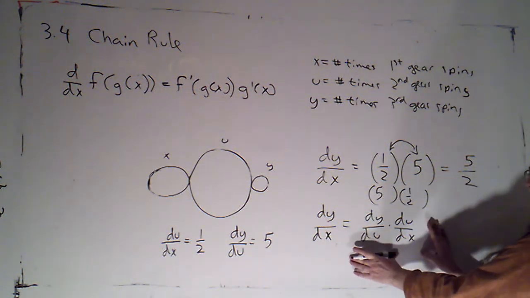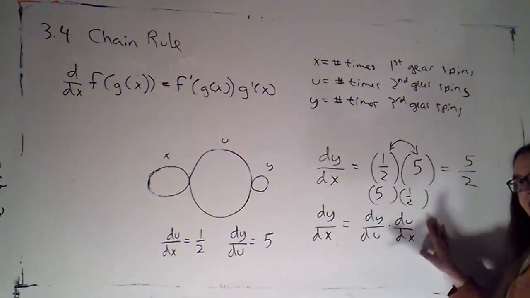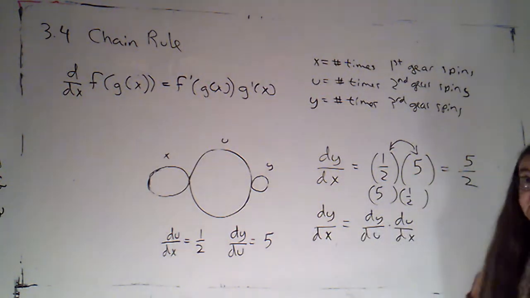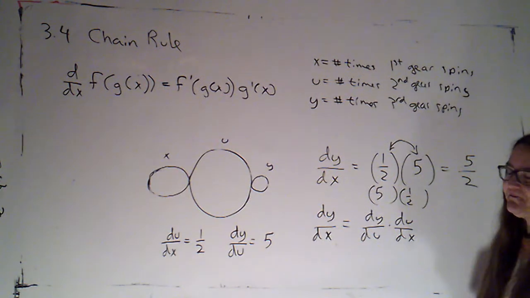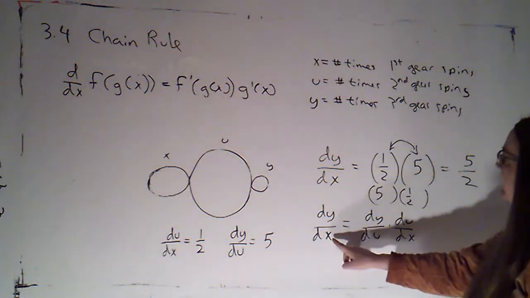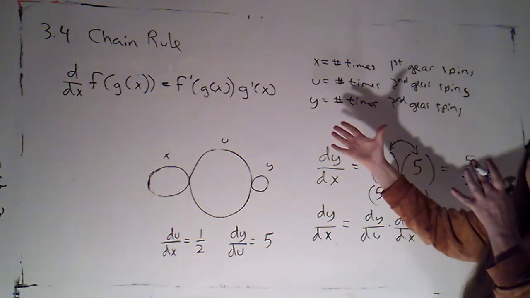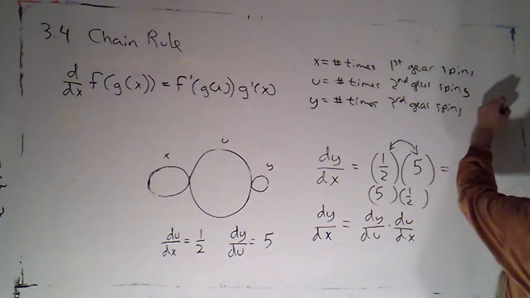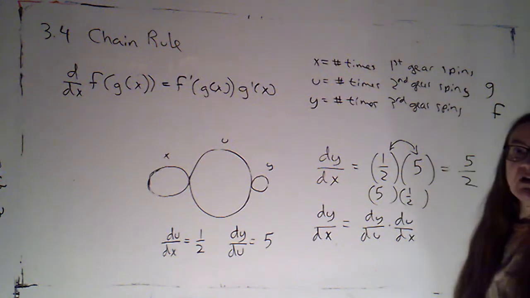I want to point out that when I write my derivatives in this way, using the differential notation, this almost looks like a proof, but it is not, and I want to point out why. Here, basically, y was like our f of x, u was like our inside part g, and x was the ultimate input.